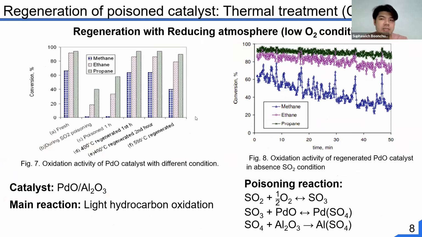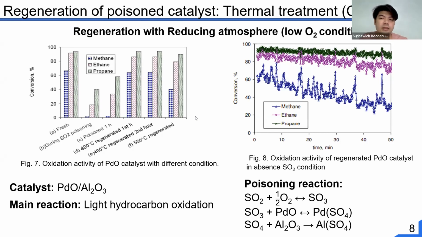Sometimes oxidizing is not a good way for regeneration. For example, in this study, a reducing atmosphere, that is, a low oxygen condition, was used to prevent the oxidation of sulfur, because alumina can absorb sulfate and it cannot dissolve while these catalysts are regenerating.